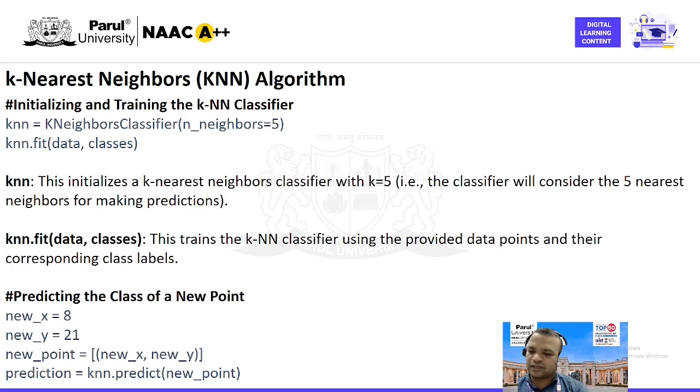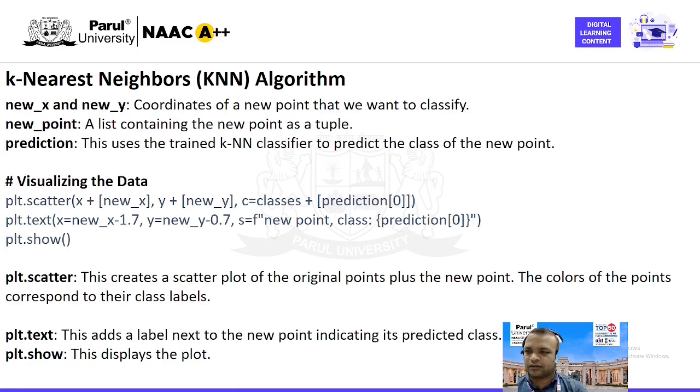Prediction is equal to KNN dot predict, the function we use along with the KNN for the new point. So prediction is equal to KNN dot predict of new point. New x, new y are the coordinates of the new point that we want to classify, and new point is a list containing the new point as a tuple. Prediction uses the trained KNN classifier to predict the class of the new point.